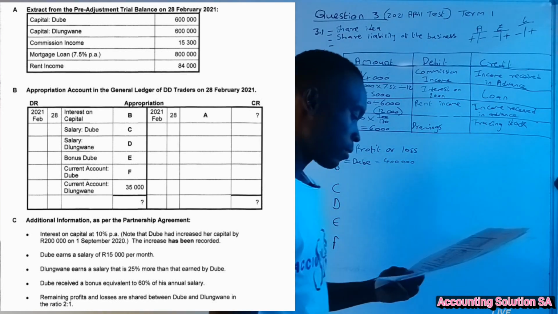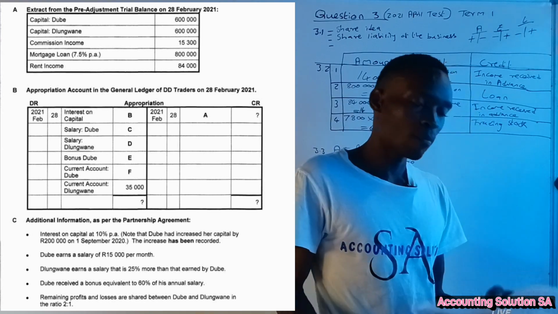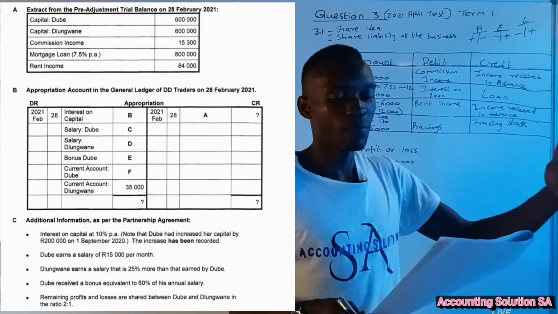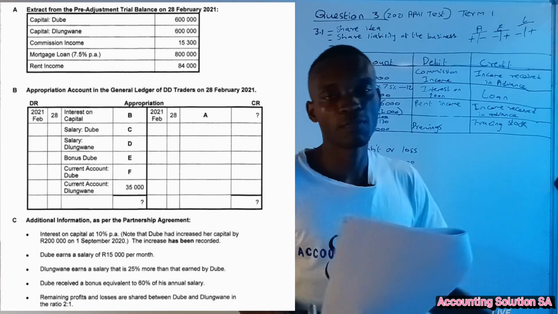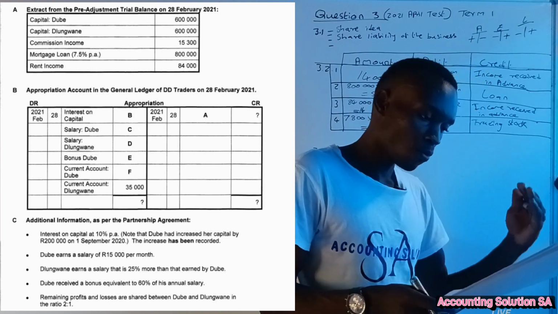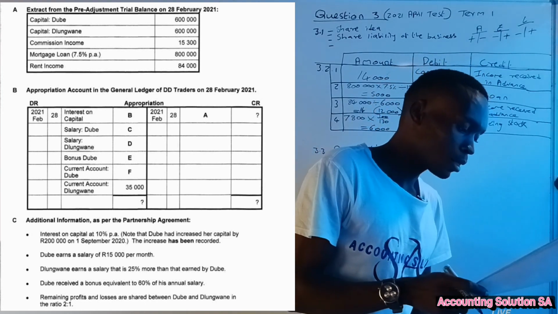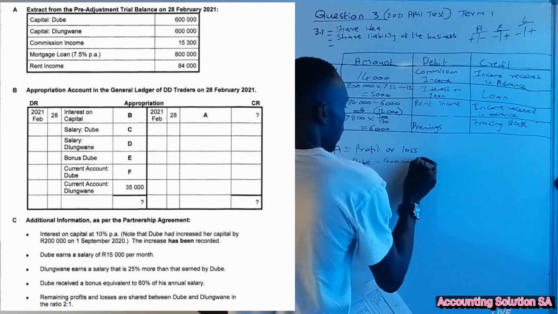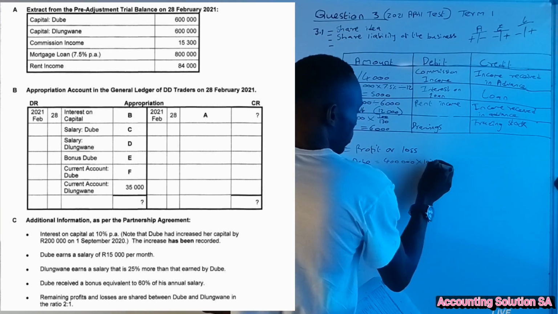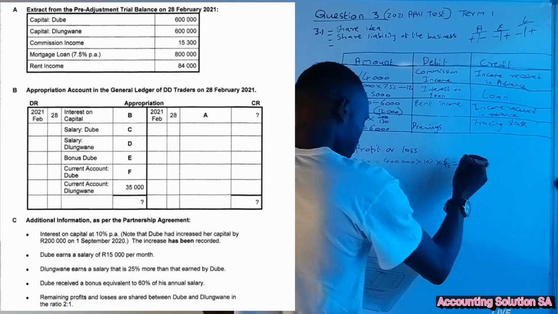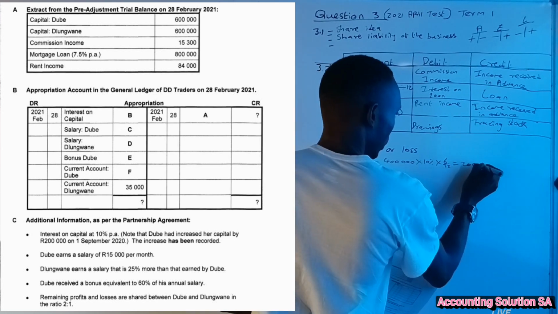They say this person increased it on 1 September, which means that from 1 March, because our period starts from 1 March 2020 until 28 February 2021, if you count from 1 March until 30 August is 6 months, which means that we are going to multiply by 10% and multiply by 6 over 12, and you will get the amount of 20,000.